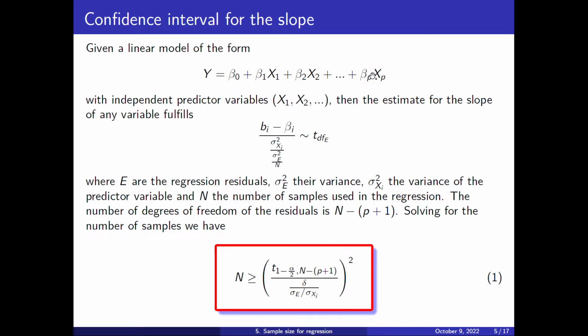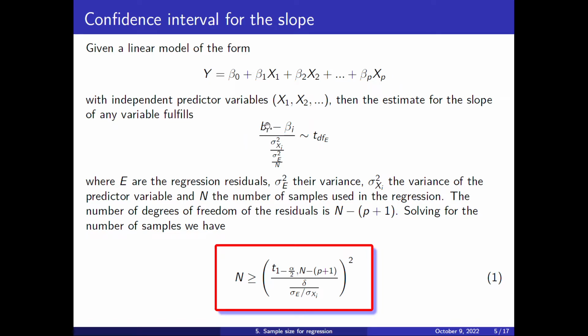Okay, then in general, this is our regression model, and for each one of these parameters, beta 1, beta 2, etc., beta 0 is just the mean of all samples, or can be approximated by the mean of all samples. So the interesting ones are beta 1 to beta p.